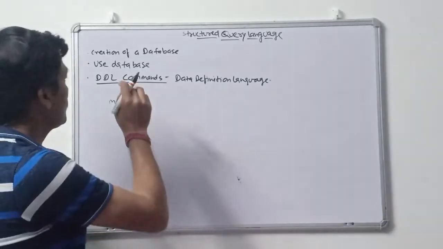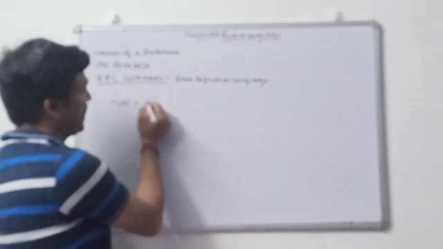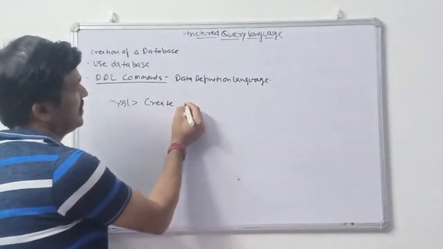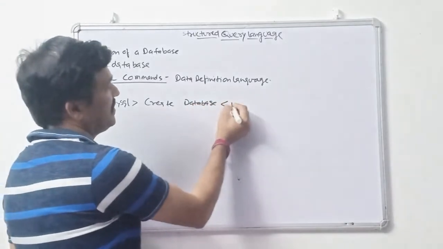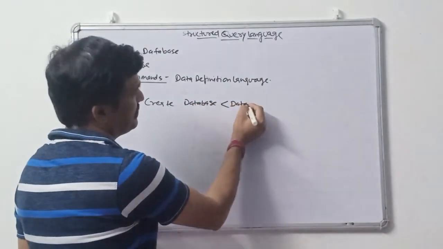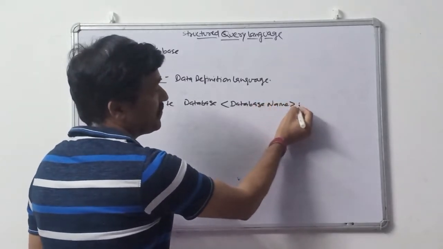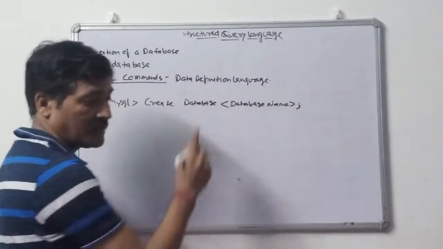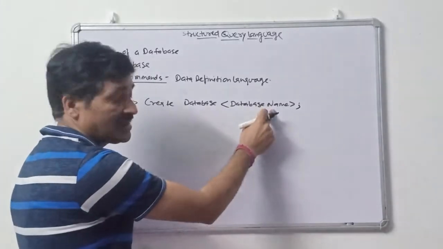Here, the create command will be used to create the database as create database and the name of the database, followed by a semicolon. Keep remembering. So create database name.